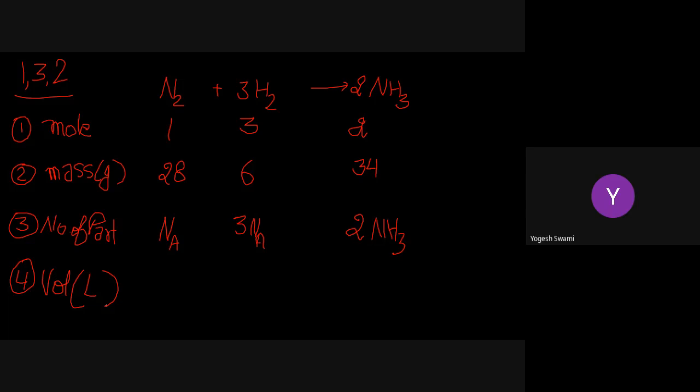So 1 mole of nitrogen is participating here, so the volume of this one is 22.4. 3 moles of hydrogen, so the volume is 3 into 22.4. And 2 moles of ammonia formed, so the volume is 2 into 22.4.